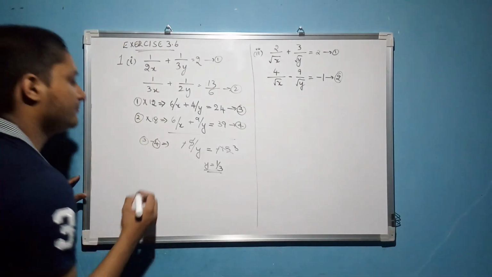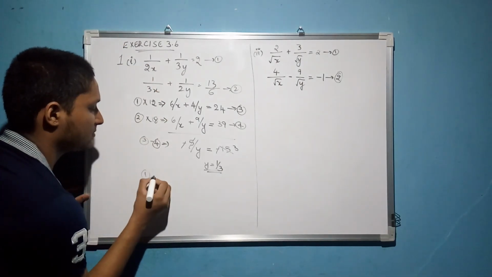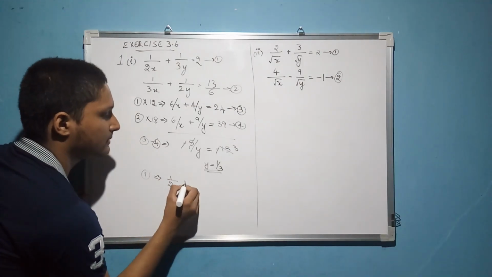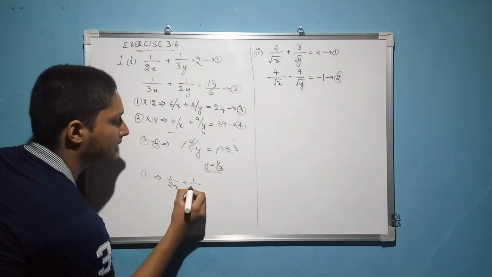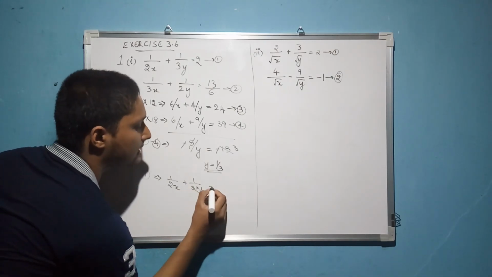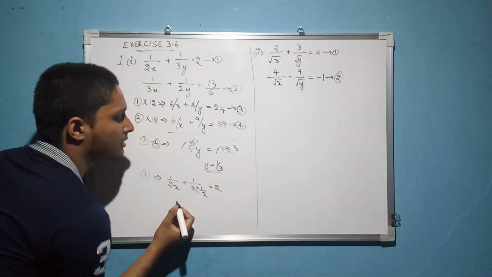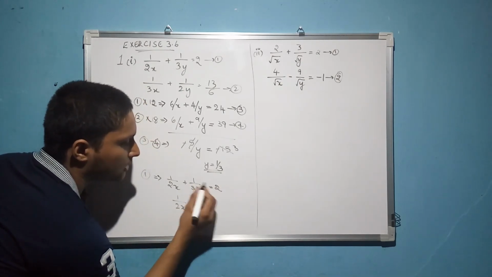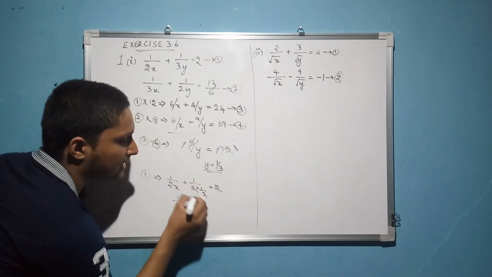So I'll take this one. So the first one becomes 1 by 2x plus 1 by 3 into 1 by 3. 3 and 3 cancel, is equal to 2. Okay, 1 and 1 will go. Now we have 1 by 2x is equal to this whole thing is 1 now.